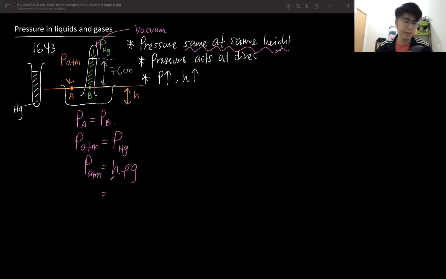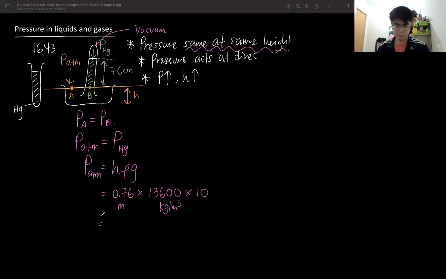76. Okay, so we put 0.76 times the density of mercury. What is the density? This is usually given in a question, 13600 kilogram per meter cube, kg per meter cube. This is in meter, SI unit, and then times G, which is 10.